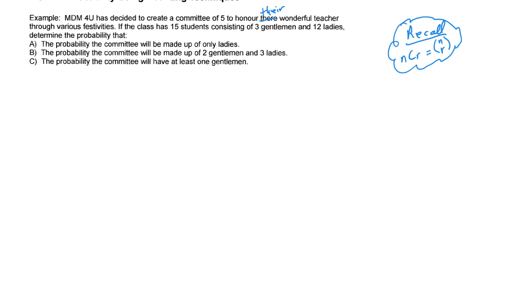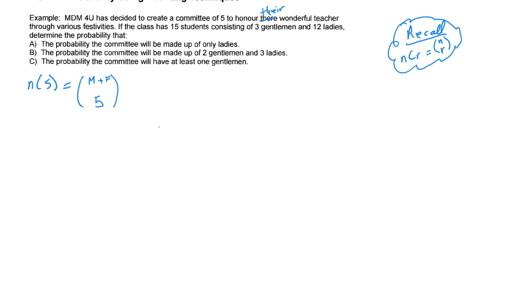So let's go through this and calculate n(S). Remember, you have to think of the males and the females that are in the total amount of people. And then we're only going to be choosing 5 of them.